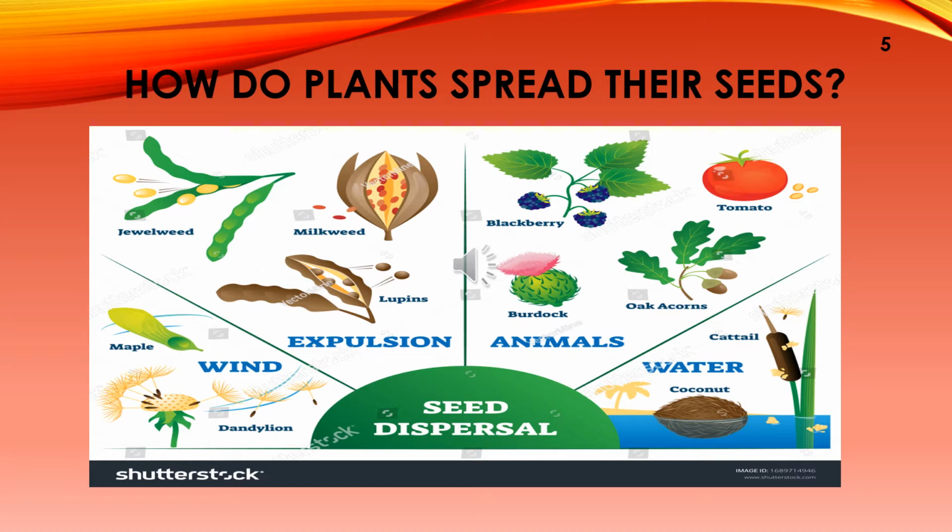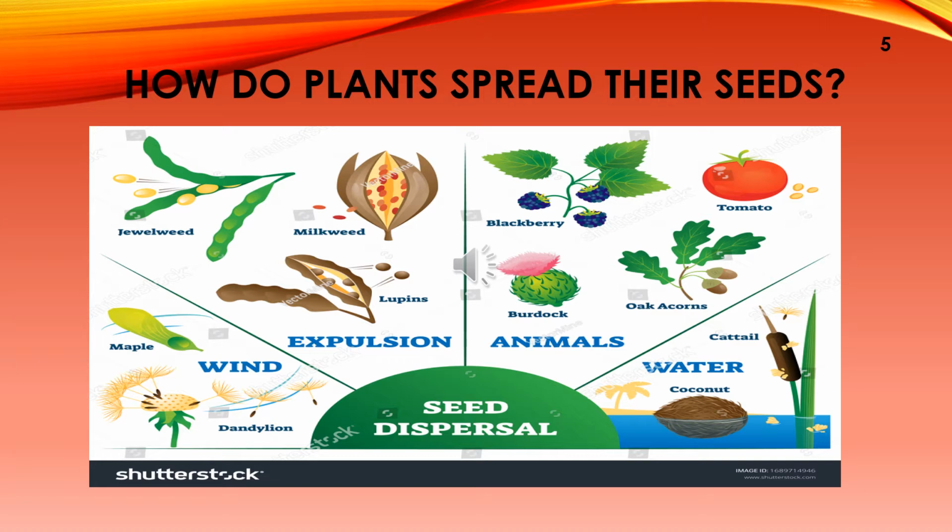Seed dispersal, and then you have 4 ways that the seed is going to travel from its parent plant to another plant. The first one is by wind. The next ones are by expulsion, by animals, and by water. And every plant has a different way of travel.